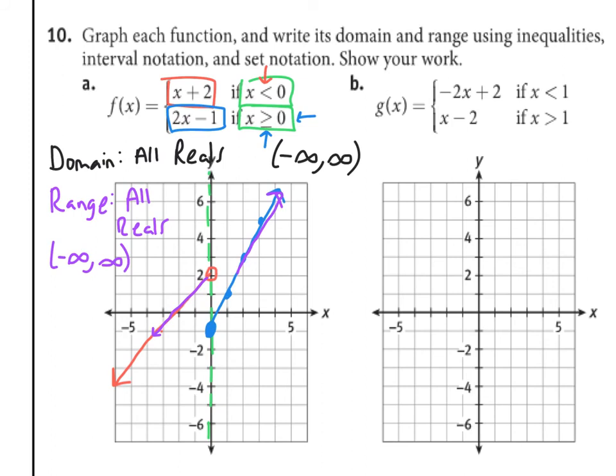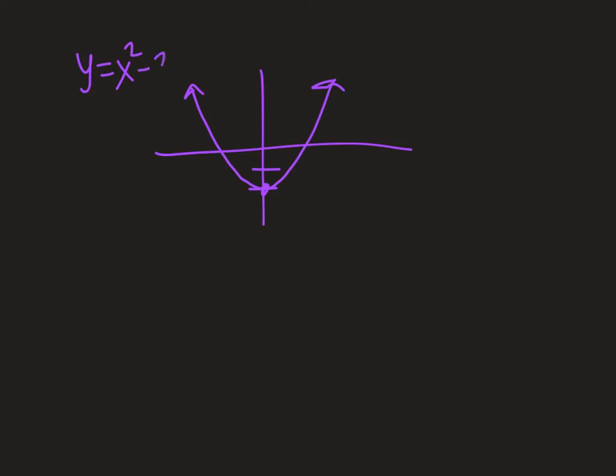Let me just throw one last thing in with range real quick. Let's just say we had a graph that did something like this, and it went down to negative 2. Let's say it was y equals x squared, and then there would be a minus 2, and that's why it shifted down 2.